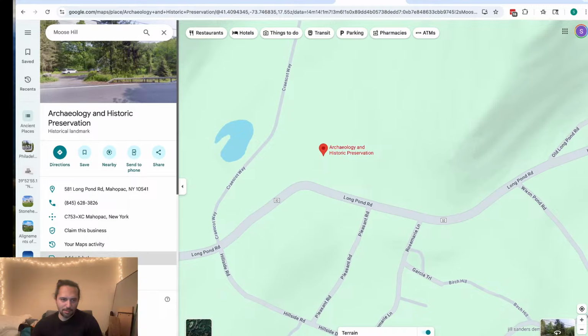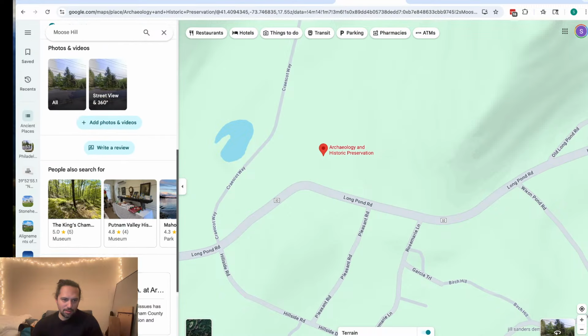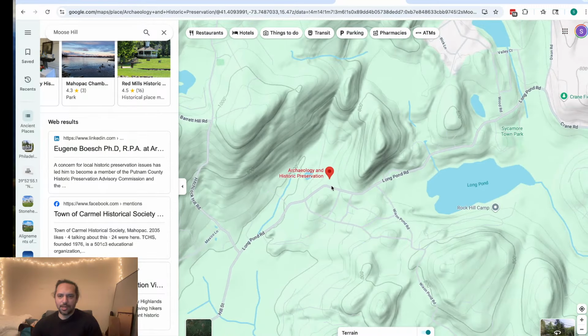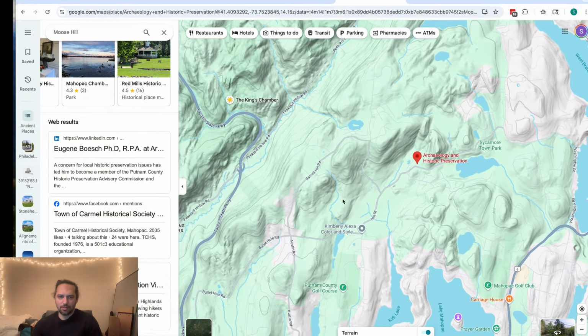That's interesting. Is there any other information? Putnam Valley History Museum. Mahopac Chambers. Huh, that's weird. Well, I don't know what that is, but that's right next to the King's Chamber.